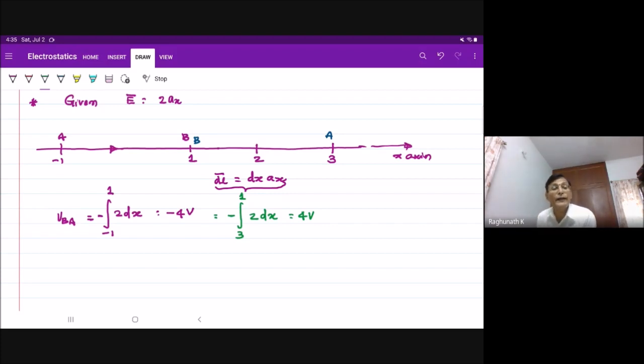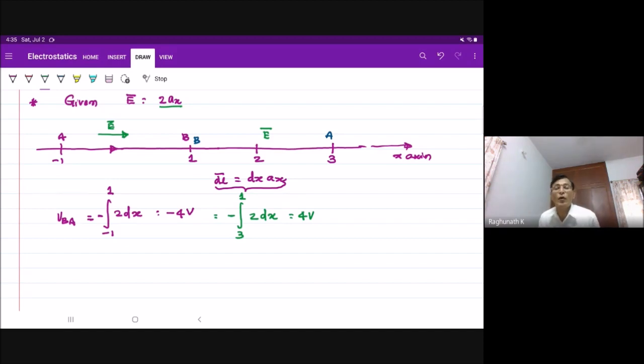If you look at it, everywhere E bar is to the right, because it is 2 ax. In the first integral, it is moved from A to B. Means what? We are not moving it; field only is moving it.